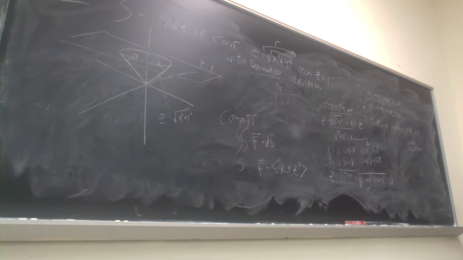If we'd gone the other way, rv cross ru, that would have negated this. But now that we know we want downward orientation, but we got upward, we're going to use the negated normal vector. So that will be u cosine v, u sine v, and minus u. So this has downward orientation.